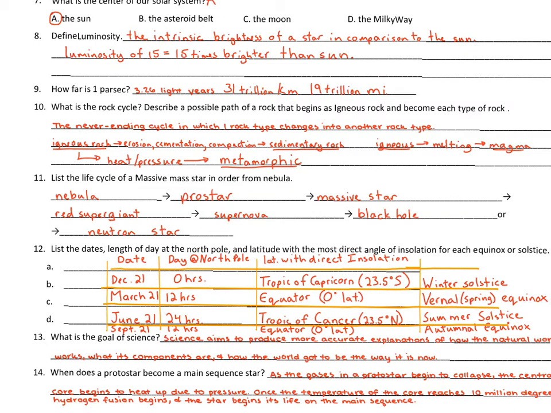Define luminosity. Luminosity is the intensity or the amount of brightness or energy being released from a star. A parsec is 3.26 light years.